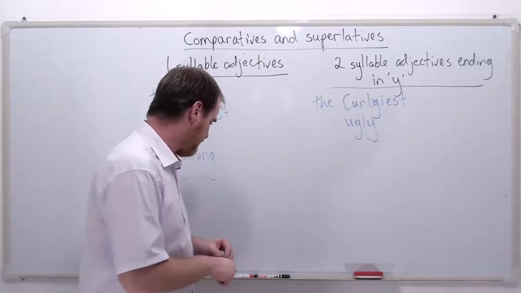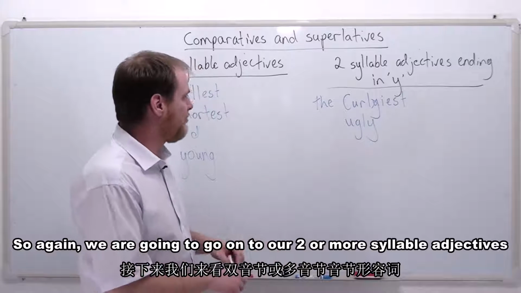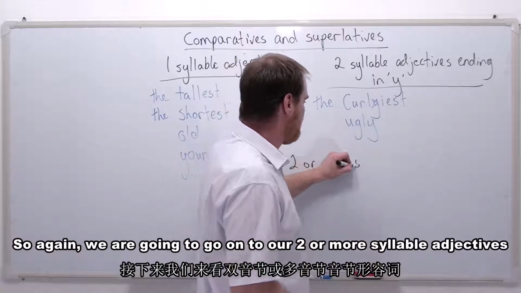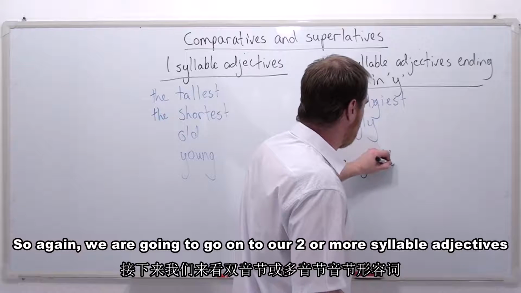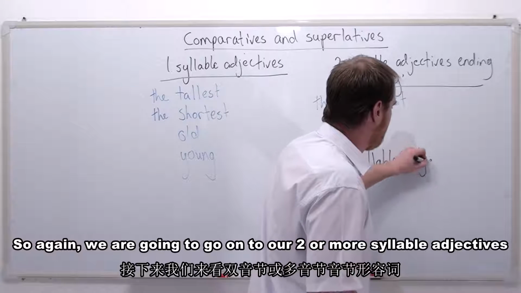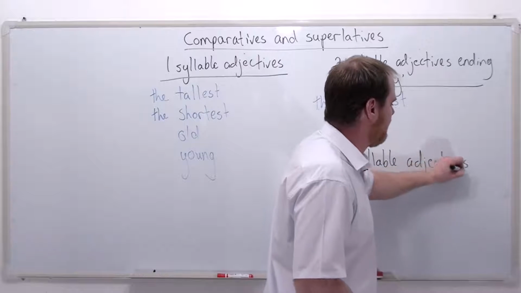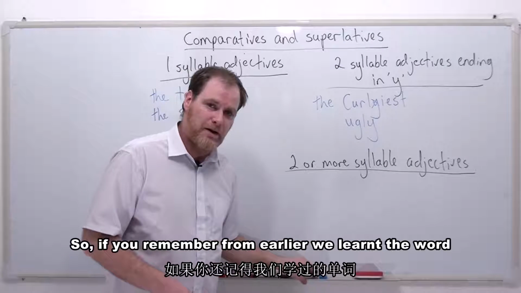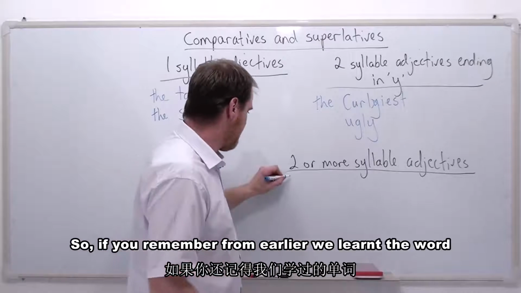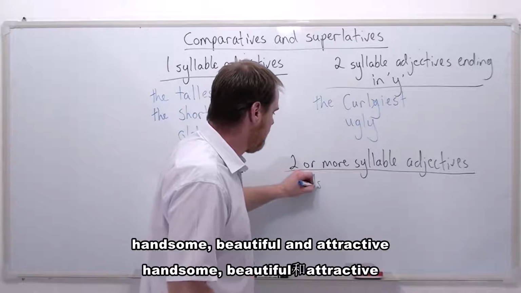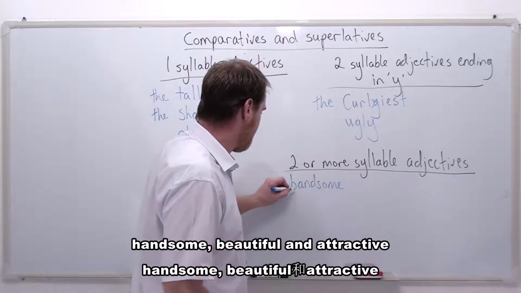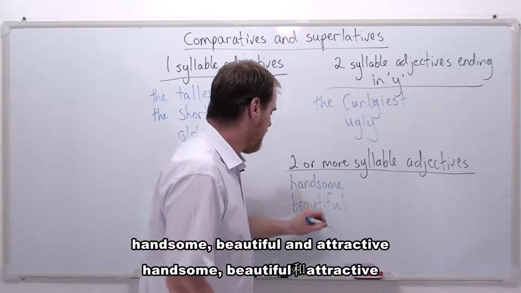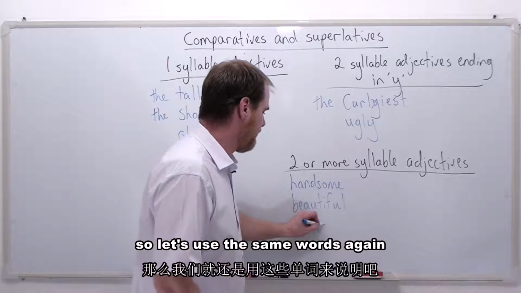Okay, great. So again, we're going to go on to our two or more syllable adjectives. Okay? All right, so if you remember from earlier, we learned the words handsome, beautiful, and attractive.